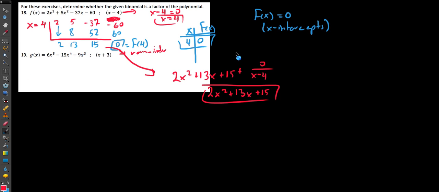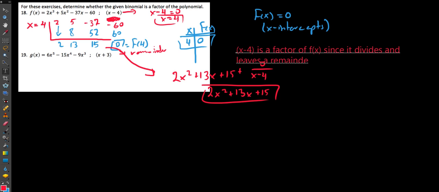That is something you will want to list on your paper. We can say that x minus 4 is a factor of f of x since it divides and leaves a remainder of 0. And that's really what we're looking for here.